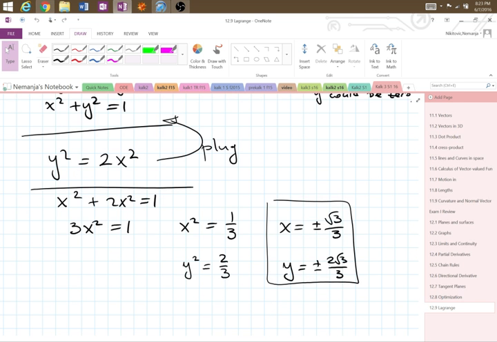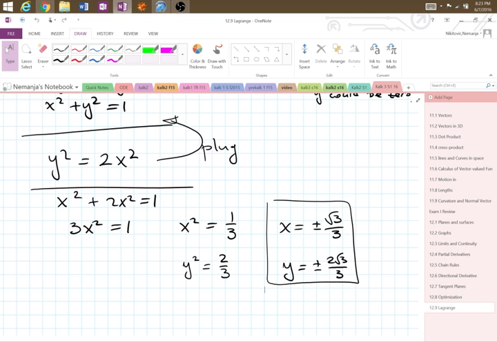And then you have the constraint equation, x squared plus y squared equals 1. You know that x squared is 1/3. That means that y squared must be 2/3, because 1/3 plus 2/3 is 3/3, which is 1. So y squared must be 2/3, which means square root again, and we get these 4 points now. We have 4 points because of the combinations of plus and minus in front.